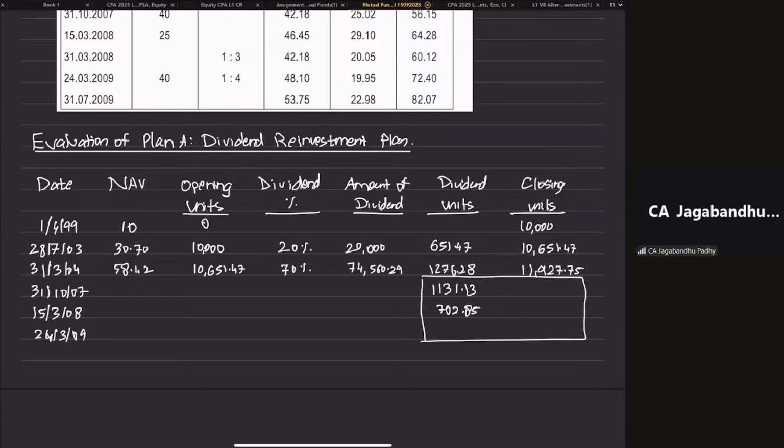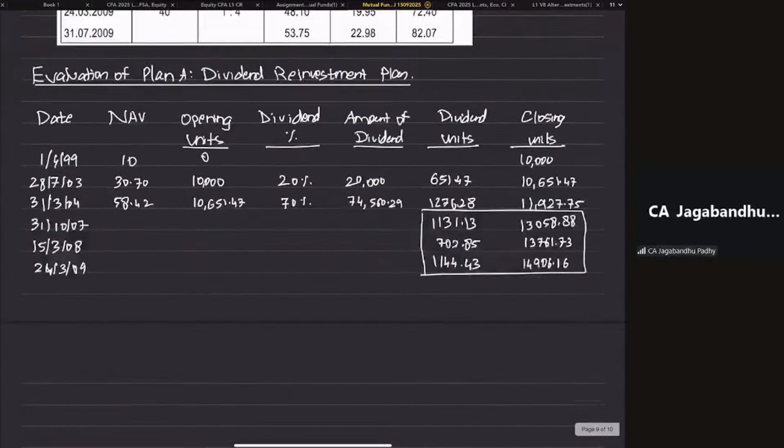Then the closing number of units comes to 13,058.88 for the first, then 13,761.73, then 14,906.16.